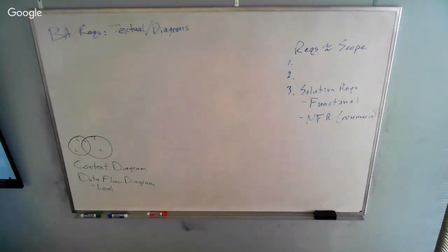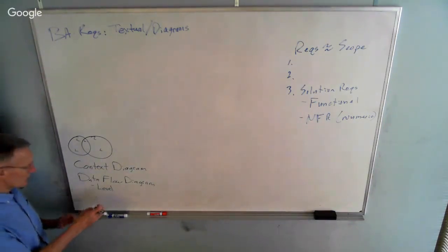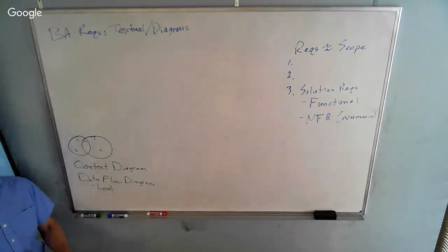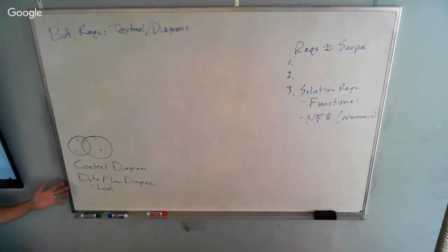And once your circles are equivalent to 1 or 2 or 3 algorithms at the most, then you're at a low enough level. So this idea of leveling within the data flow diagram is critical for it to be operational. So when we're introducing the data flow diagram, Mark had a question about, okay, so how do you actually keep track of all this stuff? There's another item that goes along with the data flow diagram. And what is that?